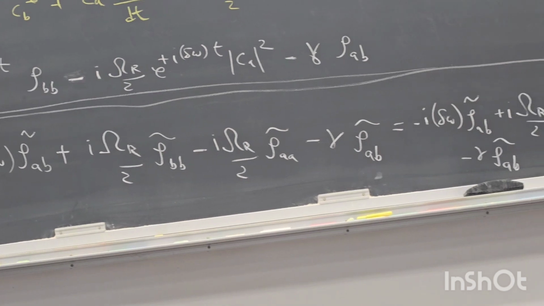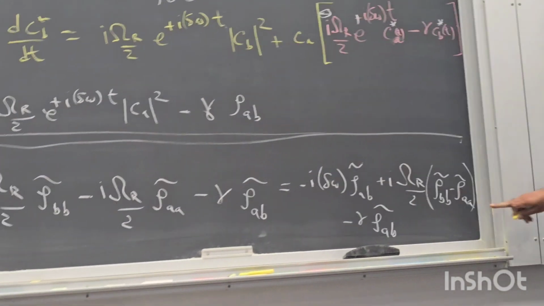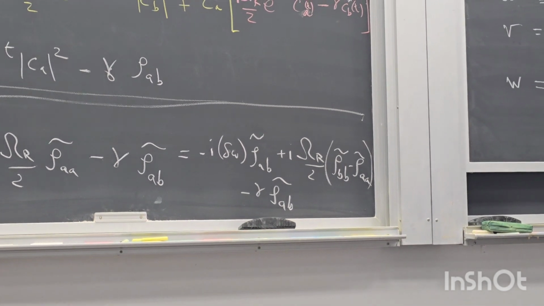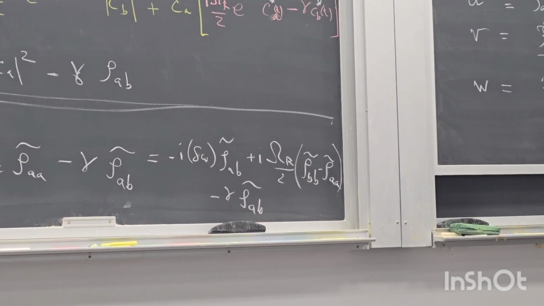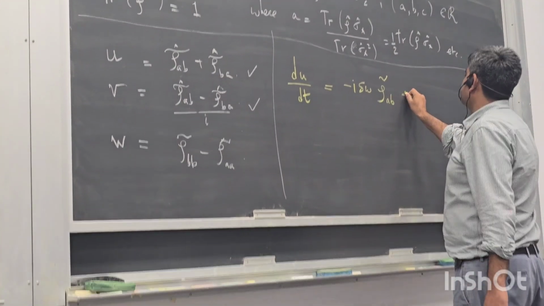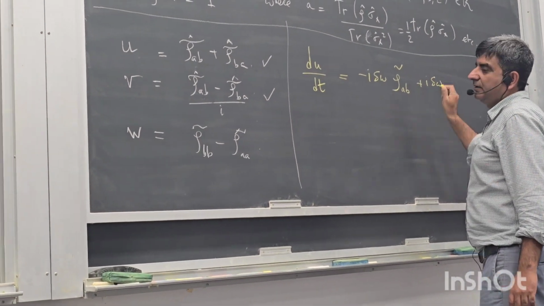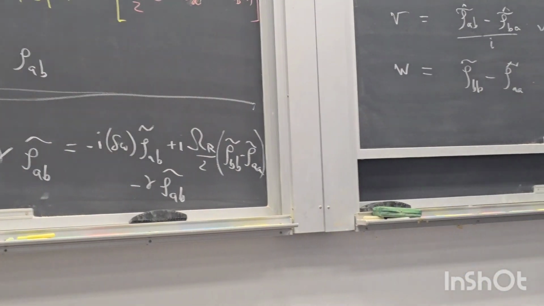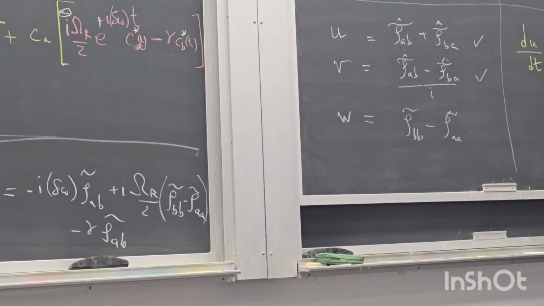Right, so let me do that. I take this first term, minus I delta omega rho AB tilde, and add to it the complex conjugate, plus I delta omega, the complex conjugate of rho AB tilde is rho BA, rho BA.